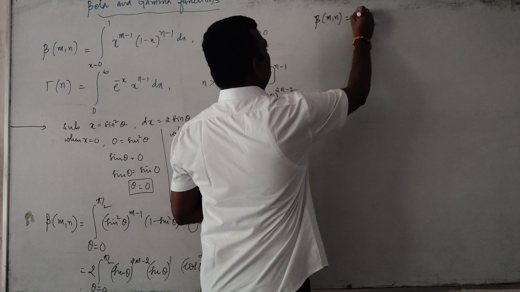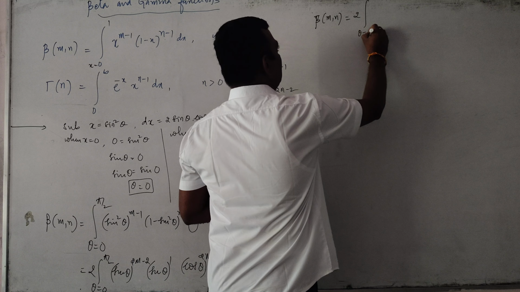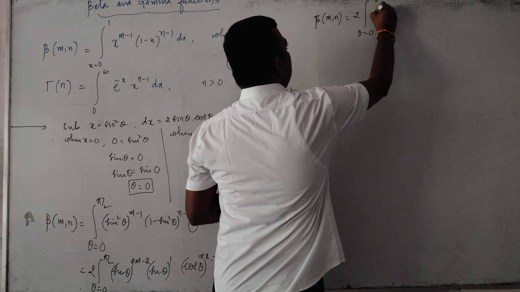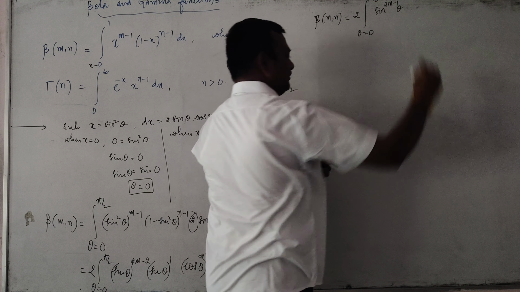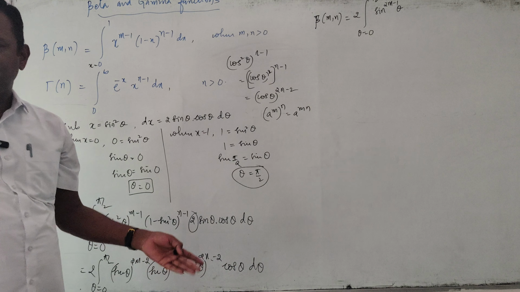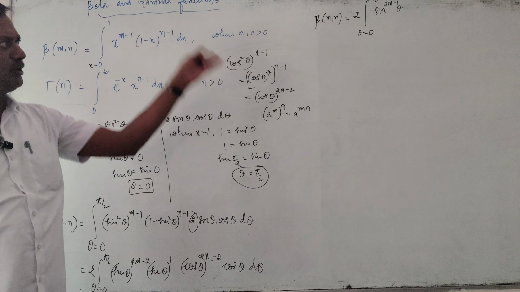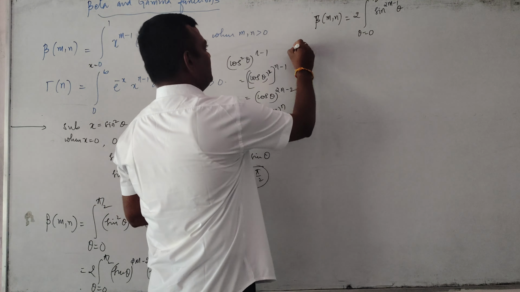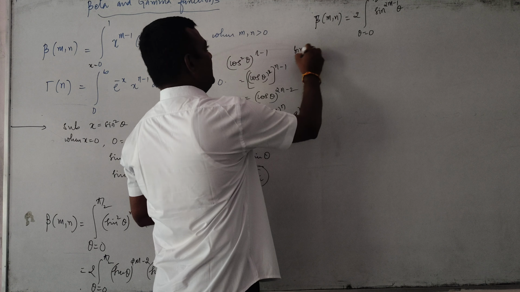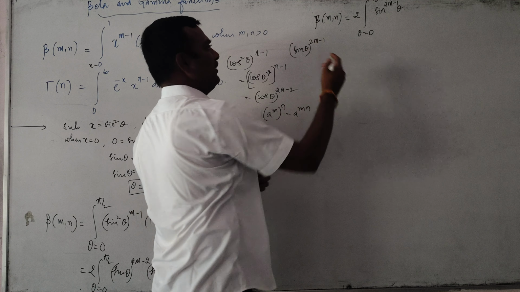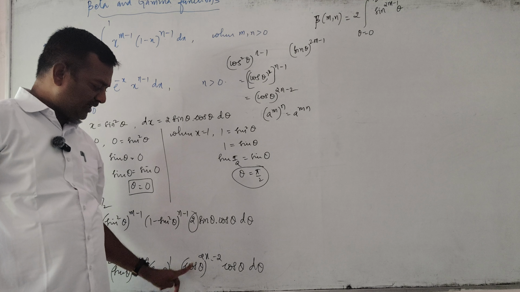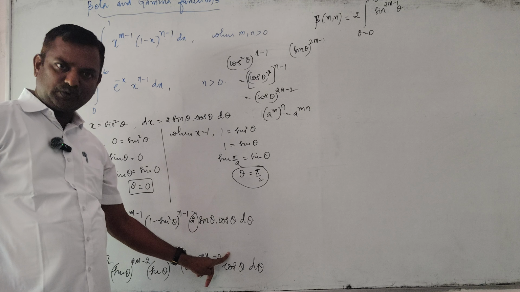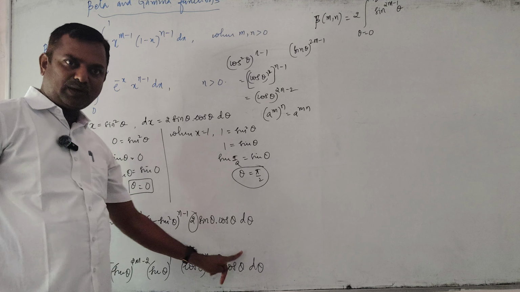So beta of m comma n is equal to 2 times the integral running from 0 to pi by 2, sin raised to 2m minus 1 theta, or you can also write (sin theta) whole raised to 2m minus 1. Both are the same only. Again here also (cos theta) whole raised to 2n minus 2 and (cos theta) whole raised to 1, isn't it?